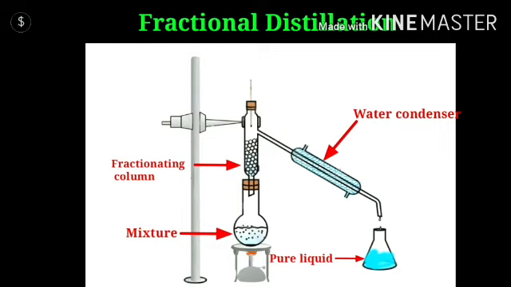And the other liquids which are present in the distillation flask are separated in the same way when their boiling points are reached. They are all separated one by one with the help of the fractionating column.